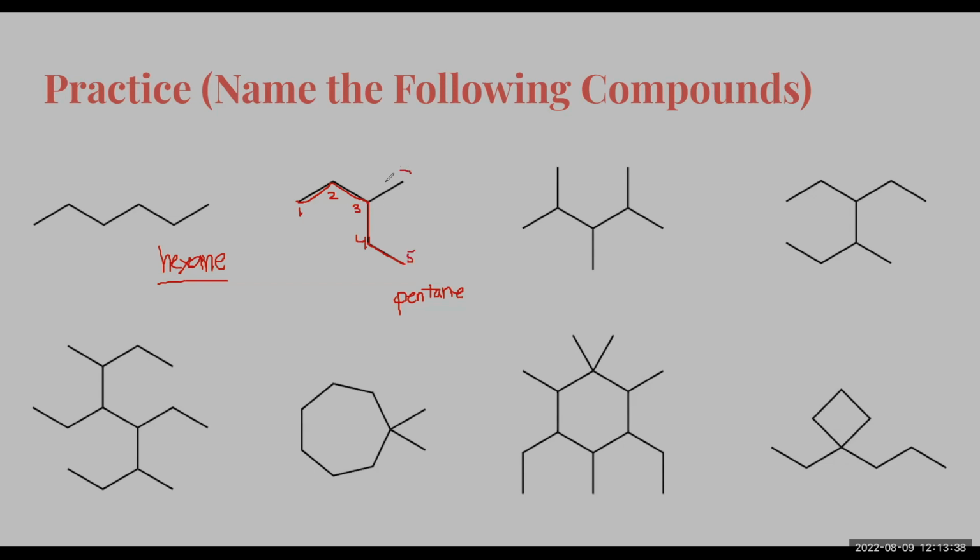We can see this is going to be a methyl substituent right here, meaning that we have 1 carbon hanging off here. Our carbon is a CH3 in this case. So I'm just going to write down 3-methyl on the top. This is going to be our substituent. We're just going to throw it onto the main part of the name. So I'm just going to put 3-methylpentane. The substituents need to be alphabetical, and it'd be better if these were one word together, no hyphen or space.